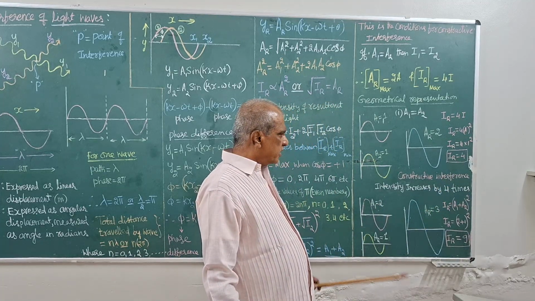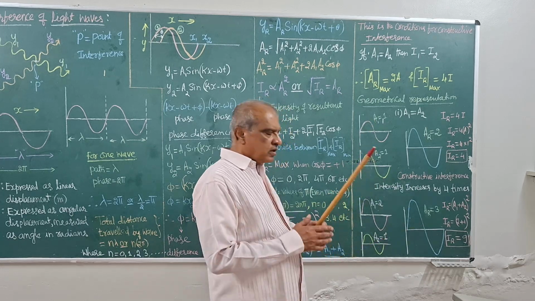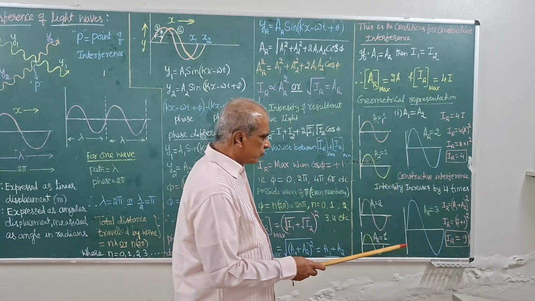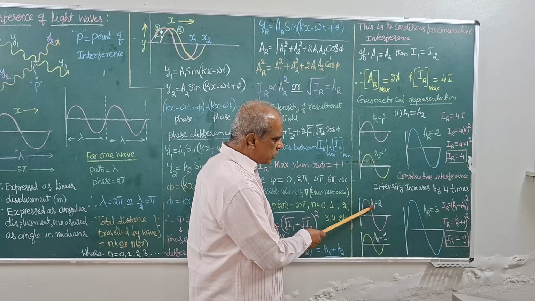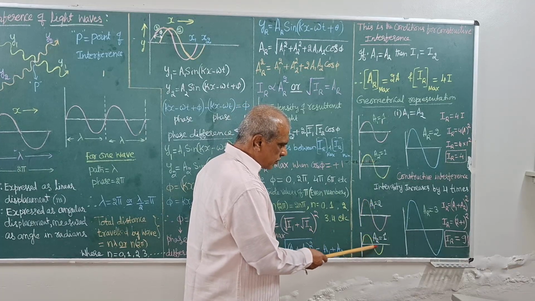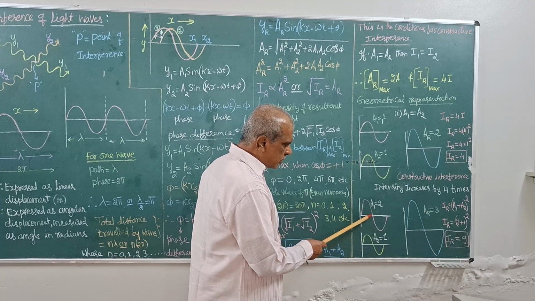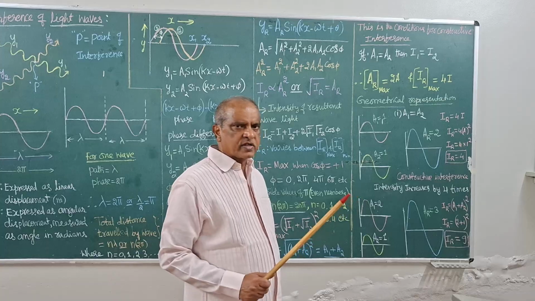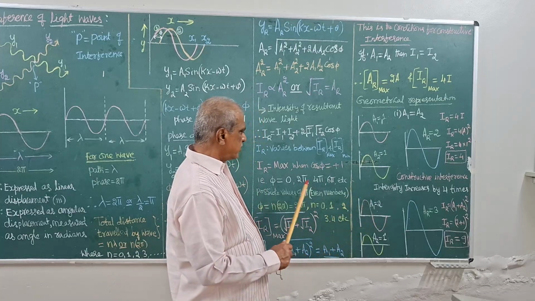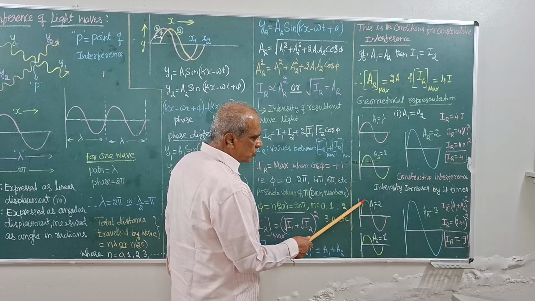Now the other case. Here, instead of the same amplitude, let me take different amplitudes. Here I am taking the amplitude as 2 units. Here the amplitude is 1 unit. Here also these two waves undergo constructive interference because the phase difference is in one of these cases. The alignment is that they are getting coincided.